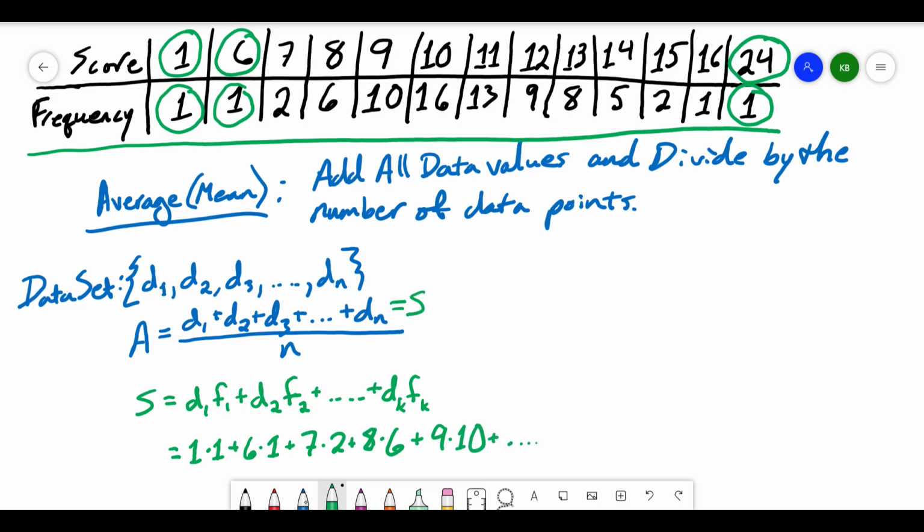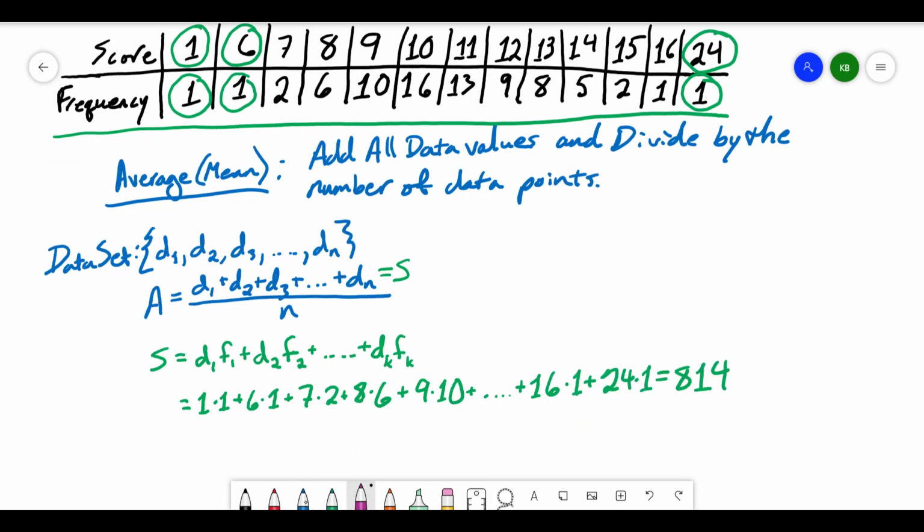And I'm going to keep on doing this until I get to 16 times 1 plus 24 times 1. And now, at this point, you can put this into a calculator, and you'll find that this sum actually equals 814. So that's the numerator of the fraction that I'm going to use to find the average.